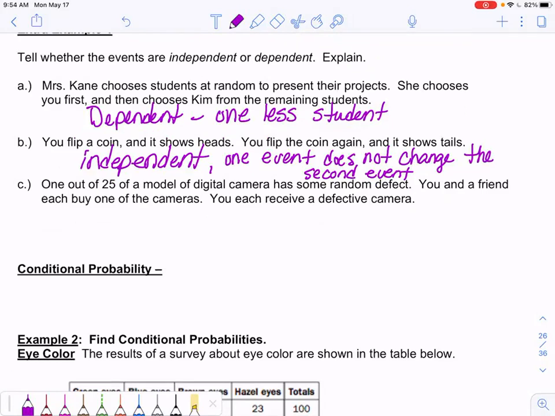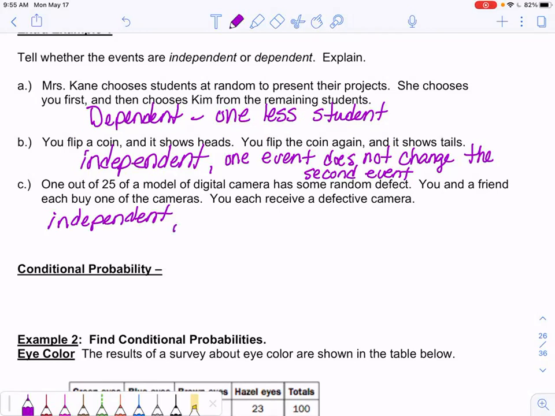No. So it's just random. I guess he got lucky that he didn't get a defective camera and I got the defective one. So that is independent. We're not talking about having one less to choose from. We're talking about the fact that it's defective. And just because I get a defective camera, it doesn't force Mr. King to also have the defective camera.